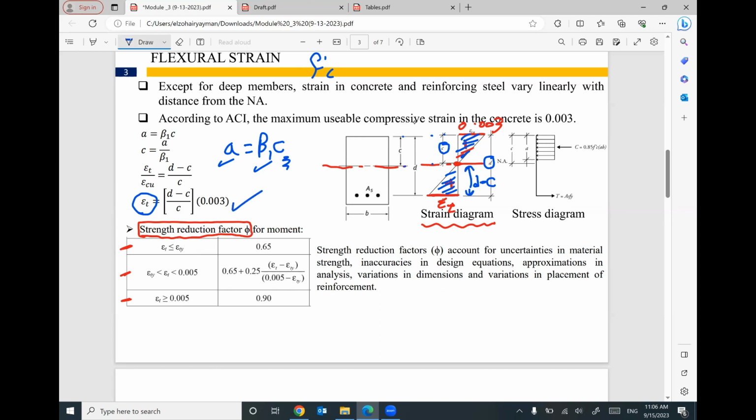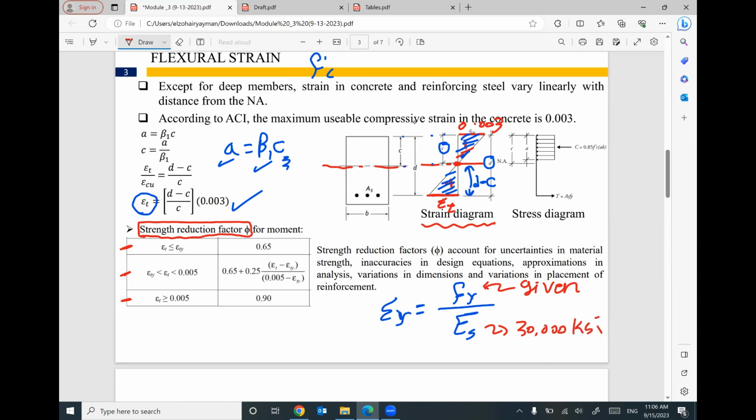That's fine. Once you get the value of epsilon t, keep in mind we have a value called epsilon yield, the yielding strain. This yielding strain equals the yielding stress divided by the Young's modulus of steel. The yielding stress will be given in the problem, something like 50, 60, 65. E steel equals 30,000 ksi.